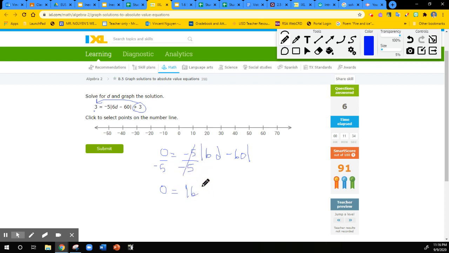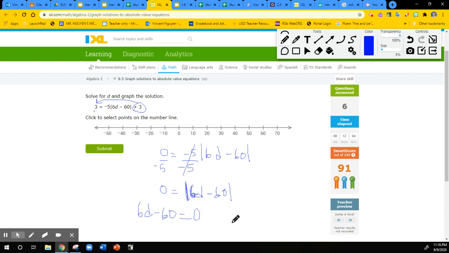And then 6d minus 60. Okay, and you could factor out the 6 if you want to from both of these because the 6 is a common factor. But in this case, it really doesn't matter because the equation is equal to 0, right? So you only have one case, so you're just going to do 6d minus 60 equals 0 and just solve the equation that way.